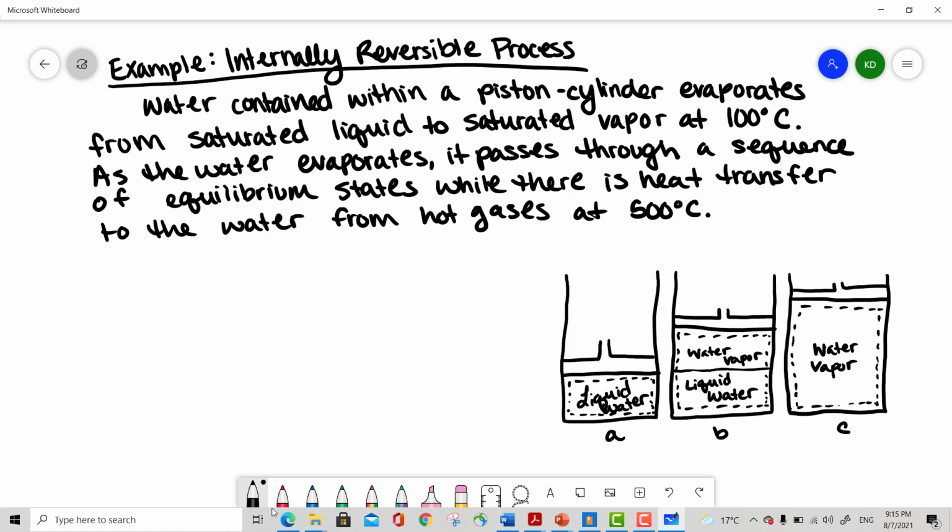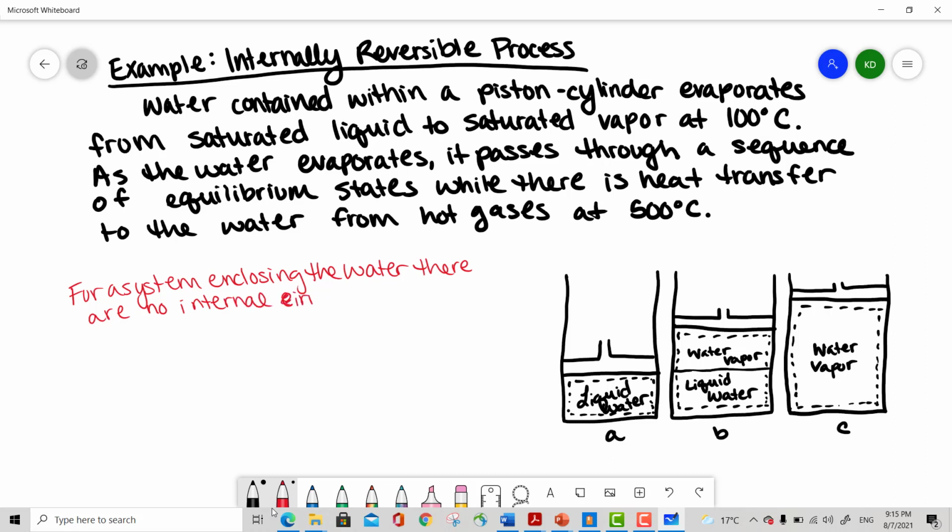So for a system enclosing the water, there are no internal irreversibilities, because we said it passes through a sequence of equilibrium states as the water evaporates.